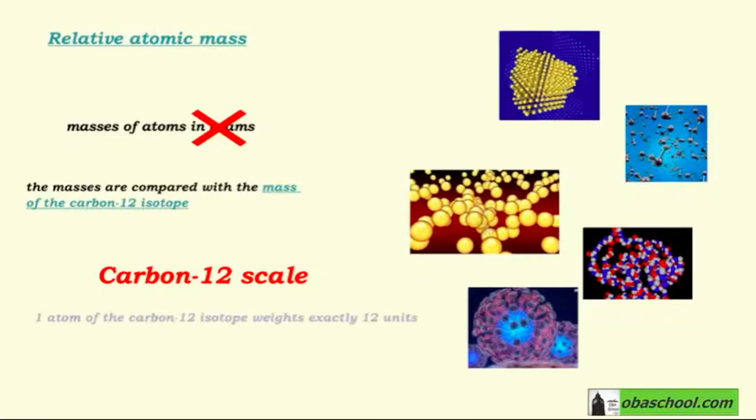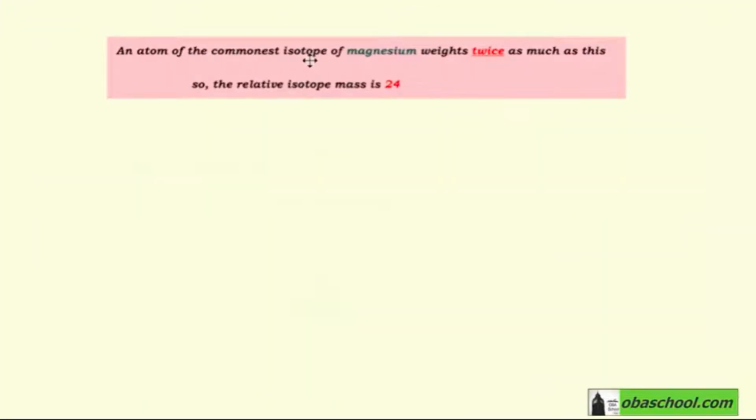For example, one atom of the carbon-12 isotope weighs exactly 12 units. An atom of the commonest isotope of magnesium weighs twice as much as this.